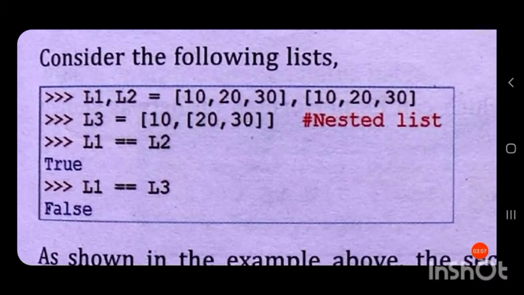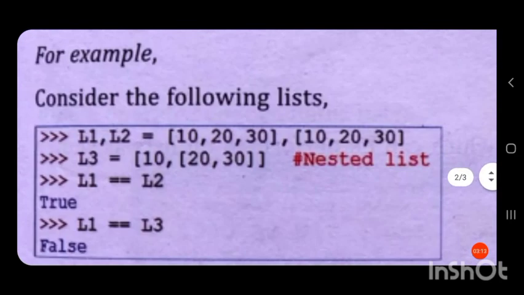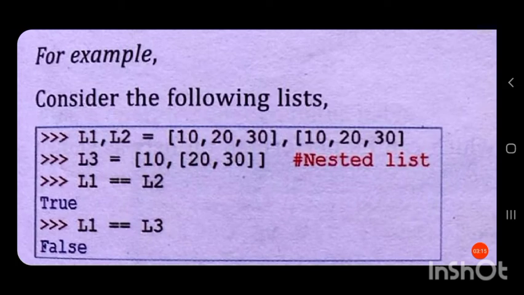Then for comparing we use the equality operator, that is the equal to operator, for comparing whether L1 is equal to L2. This relational operator will return true if L1 is equal to L2.